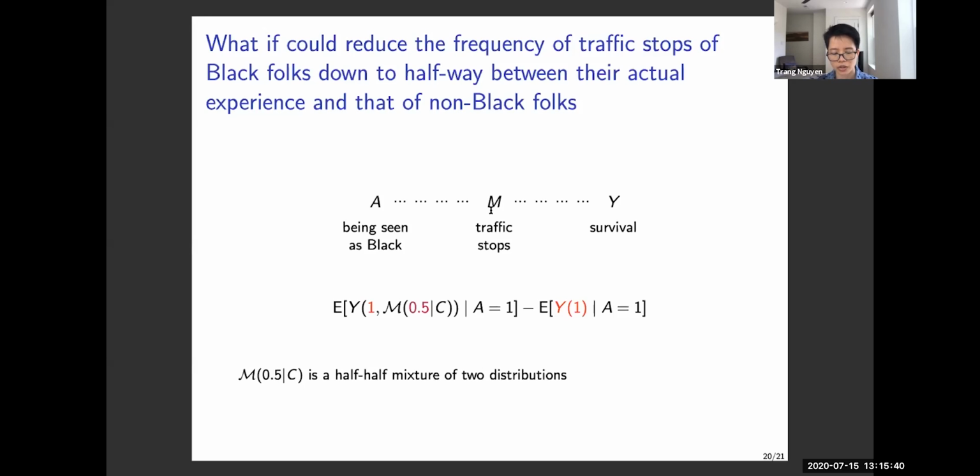Here, the mediator distribution, the interventional distribution, is a half-half mixture of the traffic stops distributions of the 2 groups. In the paper, we have a similar example that references a school-based intervention that may be of interest to SREE members.